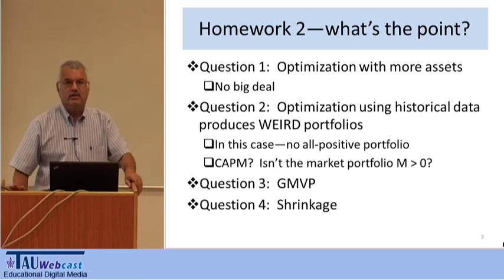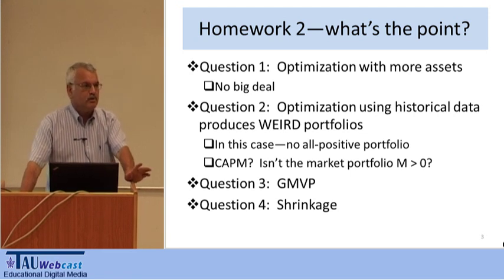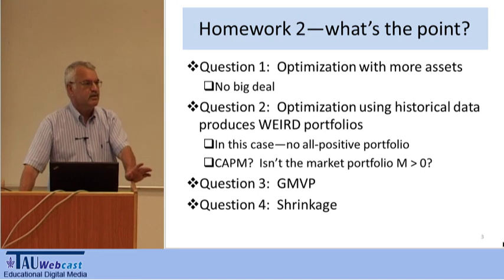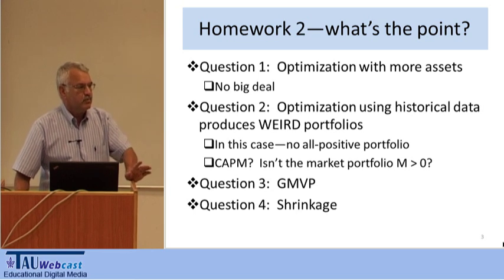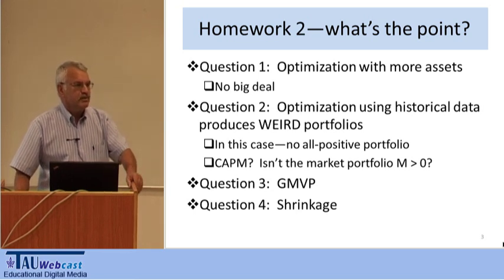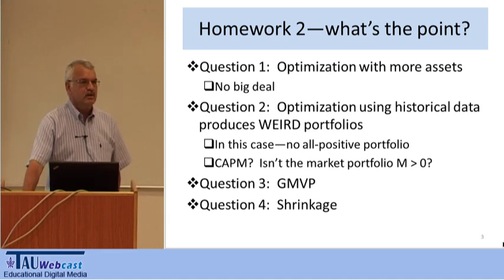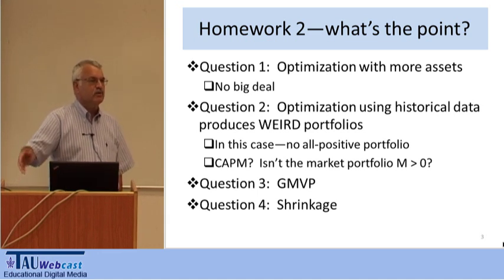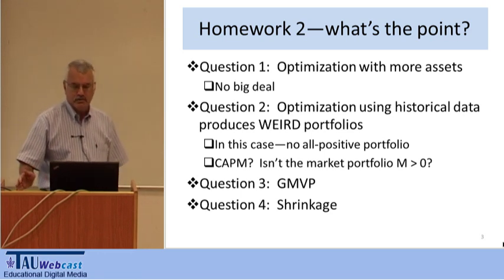Problem 2 is actually the important problem here. And the point there is that optimization with historical data produces weird portfolios. So the particular point in problem 2 is this data set that I gave you of 10 arbitrary assets doesn't have a single all positive portfolio on the frontier.